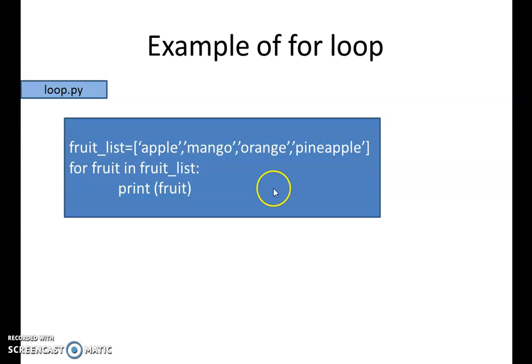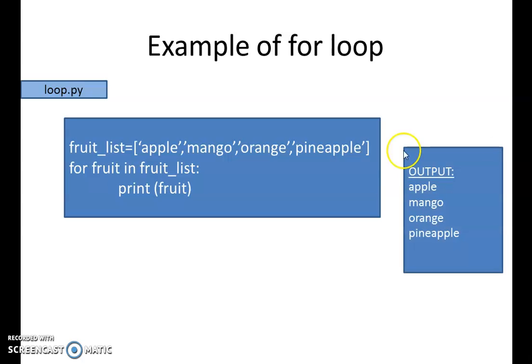So when we save this file and when we run, output will be apple, mango, orange, pineapple. So this for loop items are assigned one by one to this variable and we are printing value of this variable. So we got this output, right? So hope this for loop is clear to you.